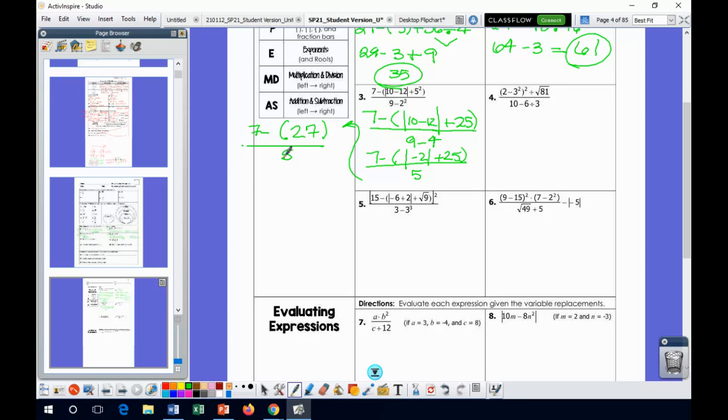Then next step: do we have anything to multiply? Subtraction. It's 7 minus 27, which is negative 20. Negative 20 over 5 is negative 4, because that top is negative, anything above the negative, unless it's a number.